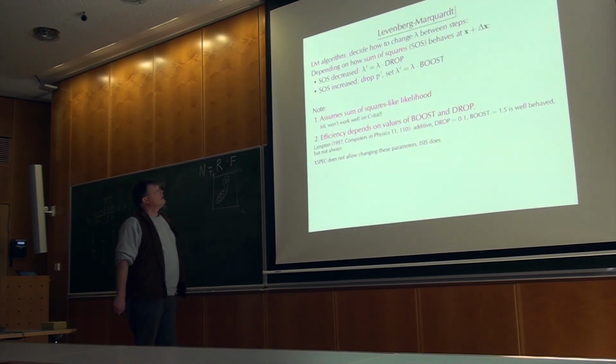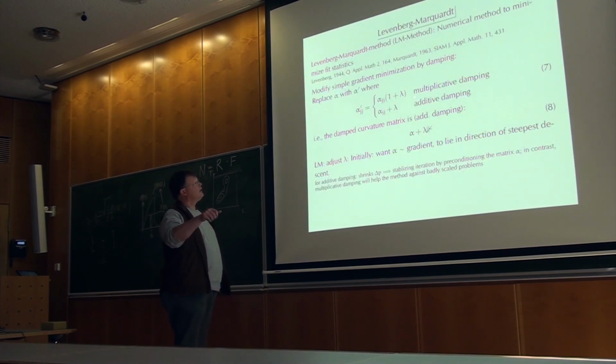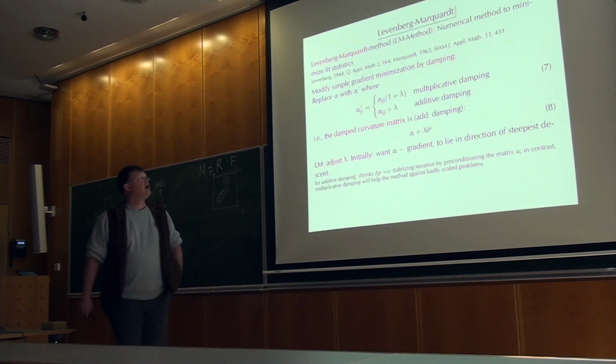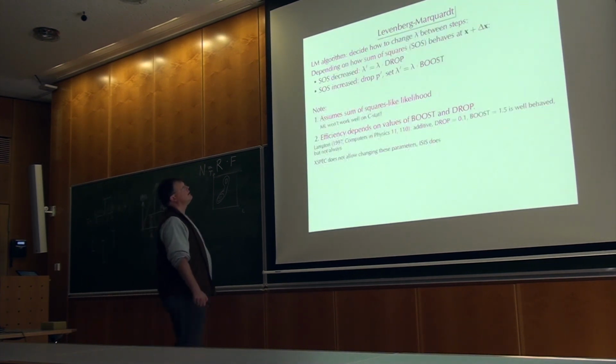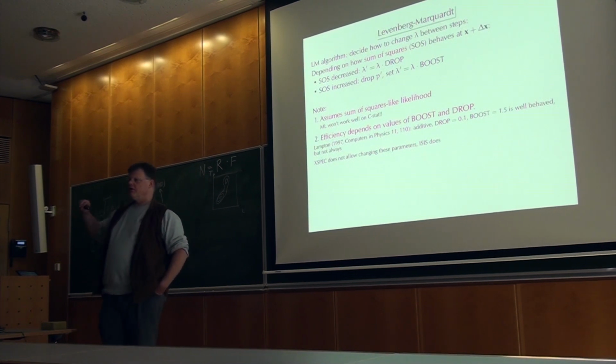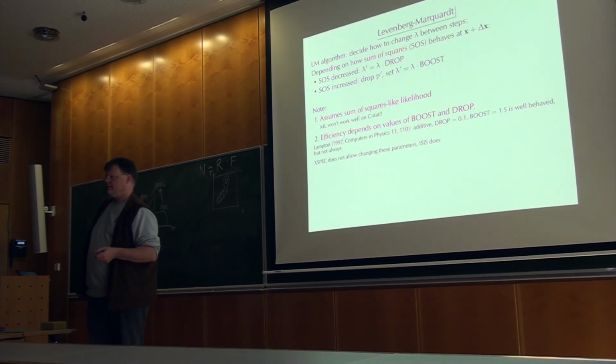So the Levenberg-Marquardt algorithm is this, and is a prescription on how you change this lambda here. And the way this is done is that if you get closer to what you think the minimum is, you switch over to the curvature matrix.